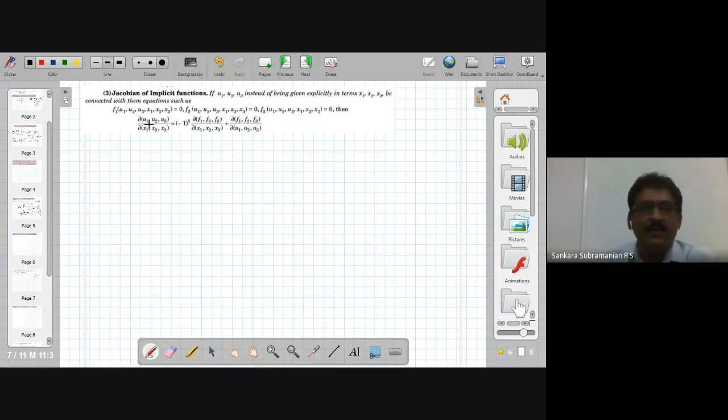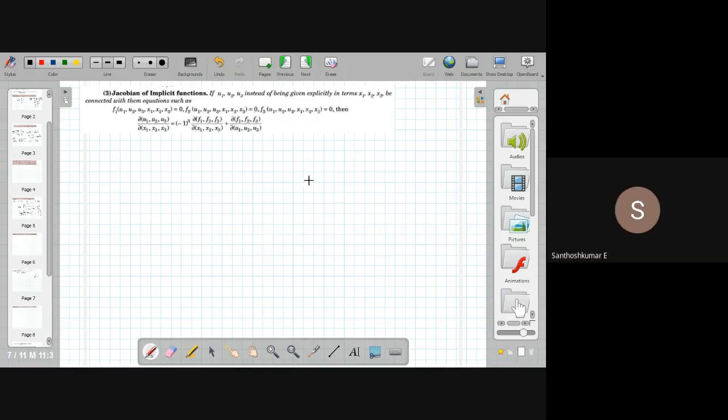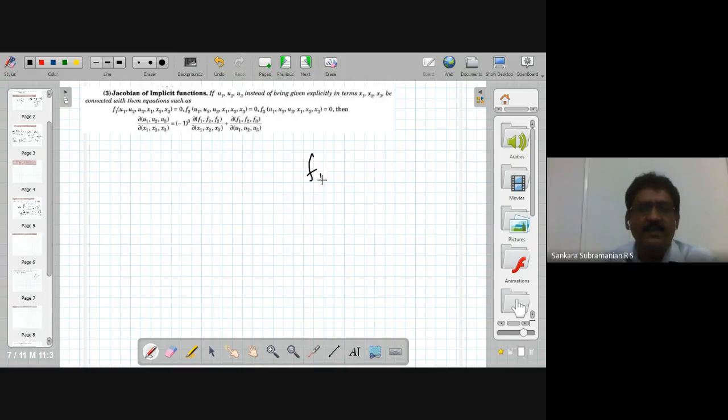Suppose u1, u2, u3 are in terms of x1, x2, x3, connected with equations f1, f2, and f3. So I have a function f1 with u1, u2, u3 and x1, x2, x3, and this is equal to 0.